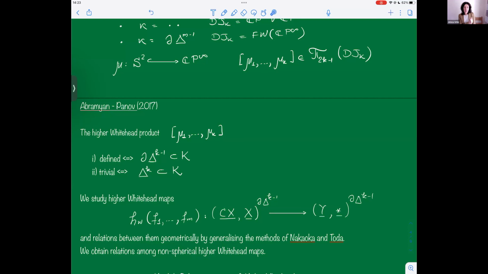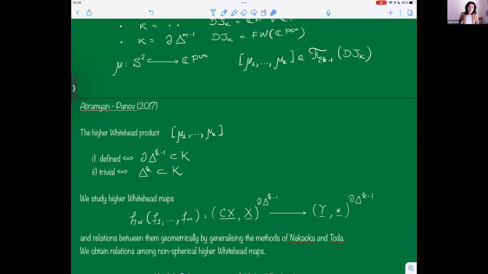And Taras and Semyonov showed that the Whitehead product is trivial, namely contains that null homotopic class, if and only if the whole simplex over the boundary of the simplex is contained in that underlying complex K. Okay, so we have a very nice characterization of the existence of Whitehead products and their triviality fully in combinatorial terms.